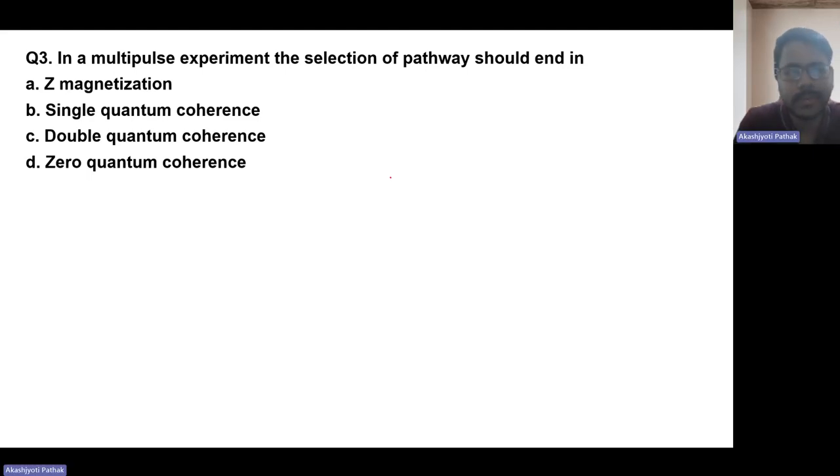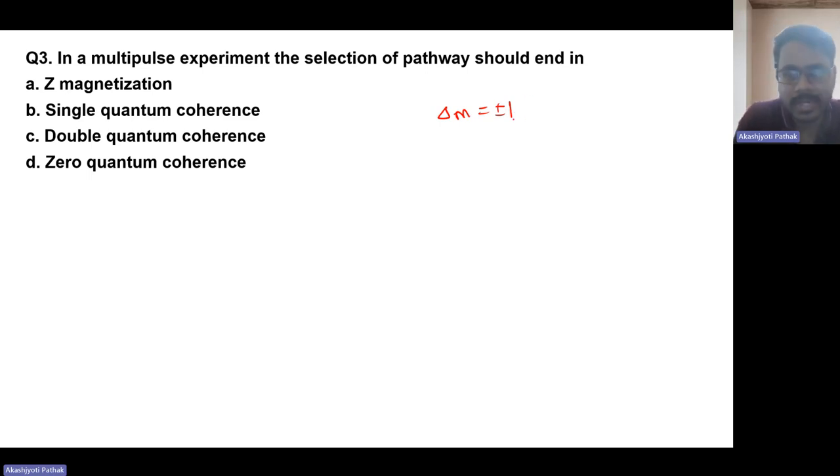So these are the different coherences. In your earlier lectures you learned about the selection rule for the transitions of the spin. The selection rule is that the difference in the magnetic quantum number must be plus or minus one.